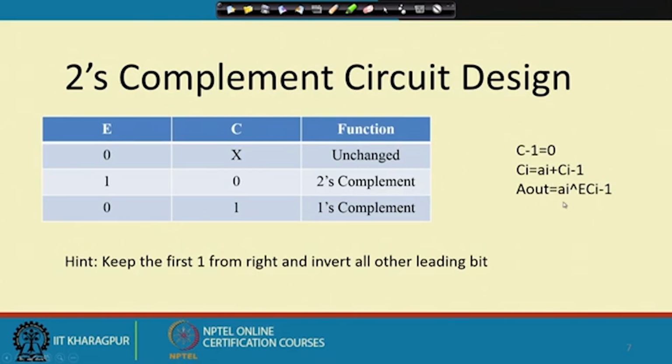If I want to draw this equation for a 4 bit one's complement cum two's complement circuit, we will see how the architecture looks. So what were the equations?